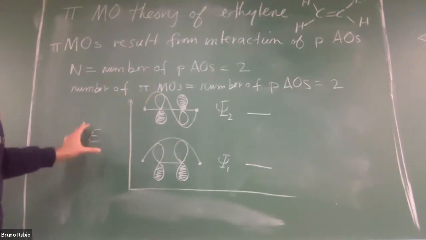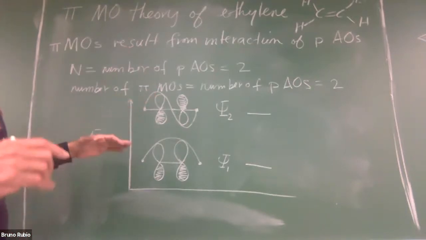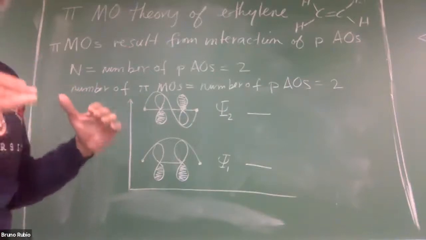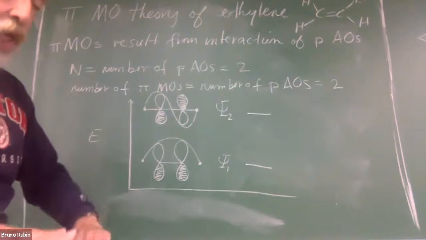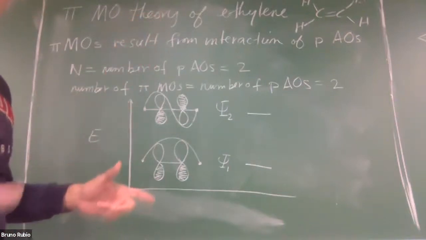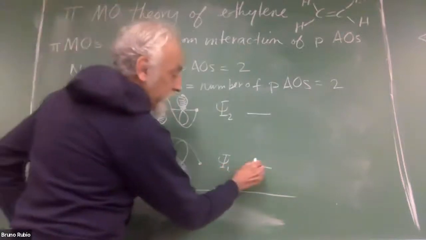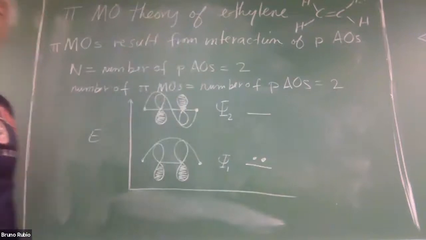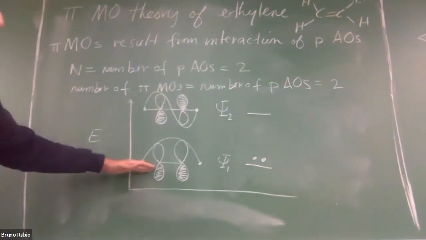If we remember back to Gen Chem, we know that the electrons occupy orbitals in order of energy, low to high. That's the Aufbau principle, right? And so I need to find a home for 2 electrons. I'm putting those 2 electrons in there. They live in this orbital.